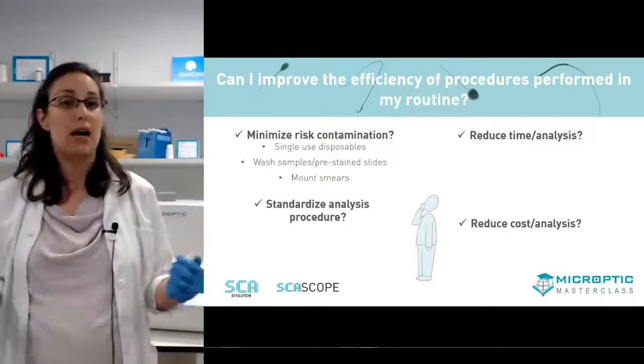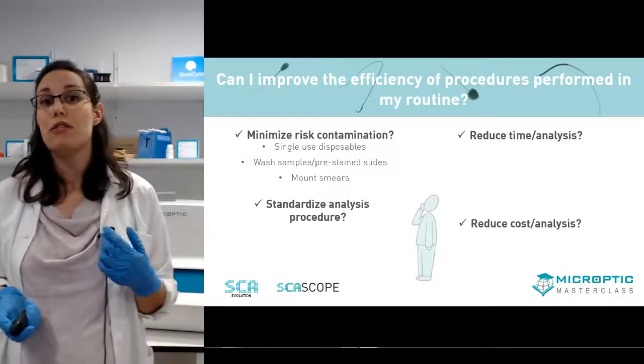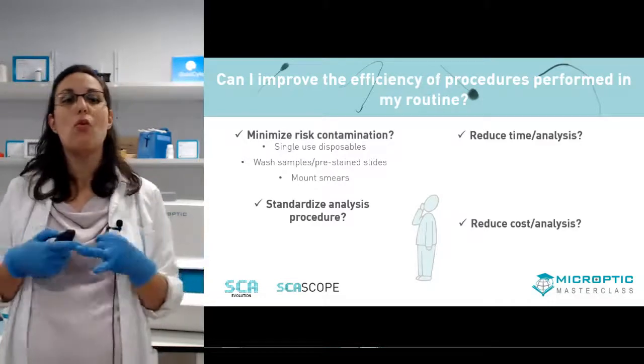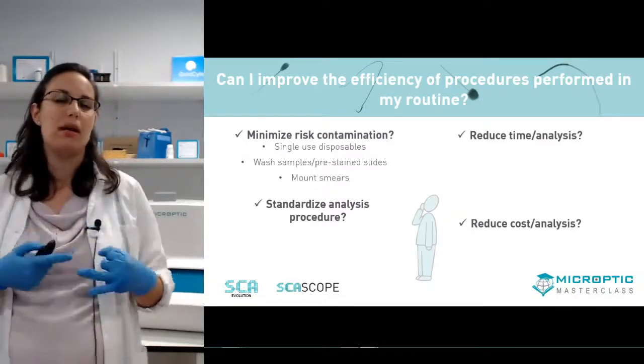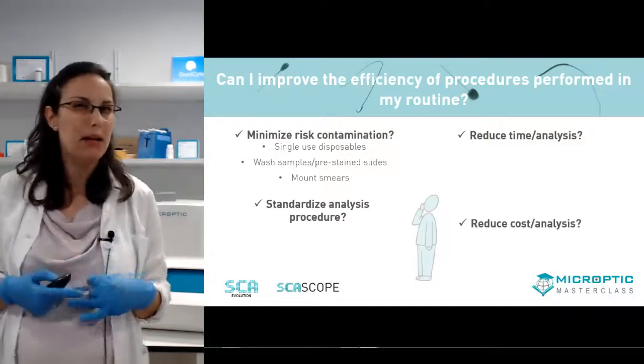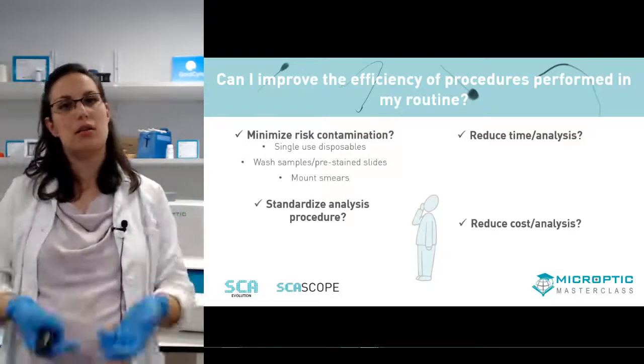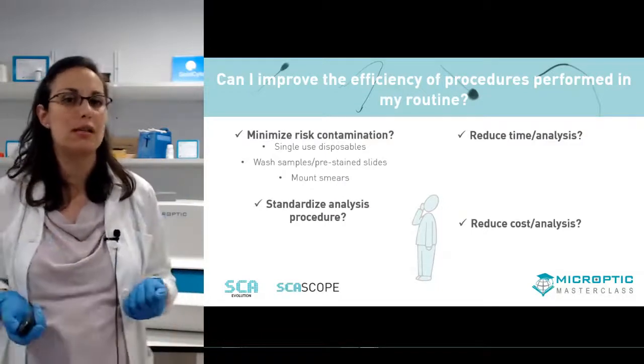So, for example, for minimizing the risk of contamination, you can use single-use disposables. You can wash the samples in order to minimize the contact with the seminal plasma. Also, you can mount the smears to minimize the release of aerosols during the analysis.